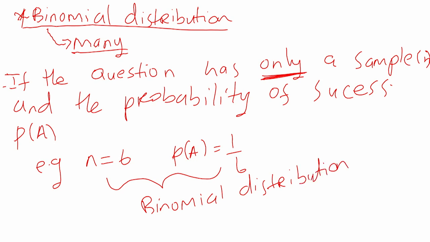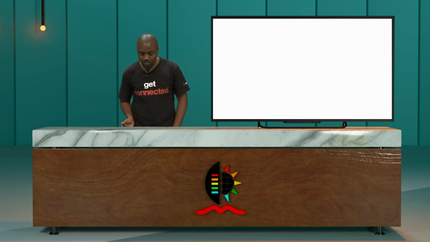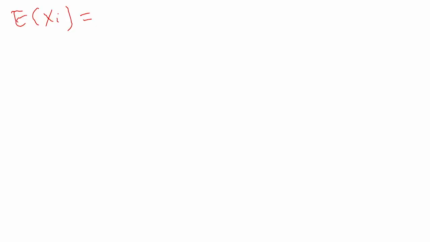Right? What do I need to understand about binomial distribution? Firstly, it's binomial, we said many. So you see, there is more than one sample. So under binomial distribution, what do you need to understand? The expectation of xi under binomial distribution is just n and p, right?